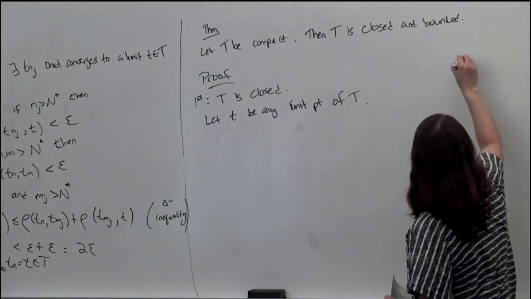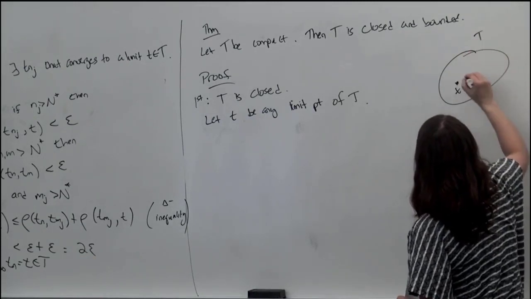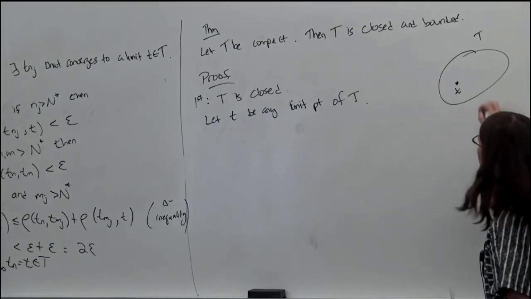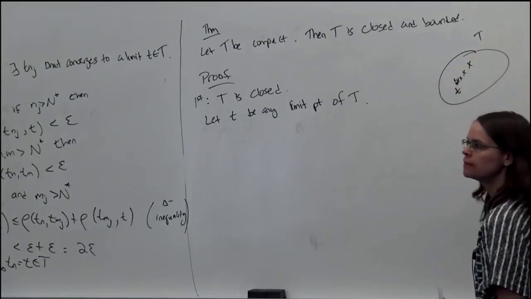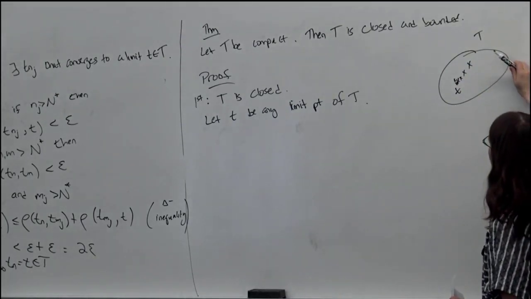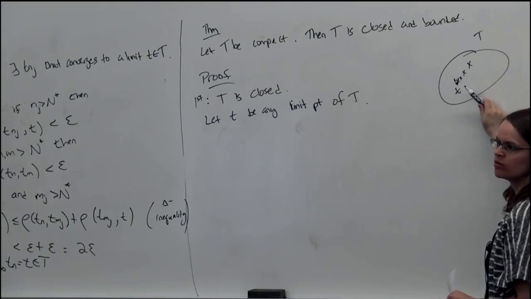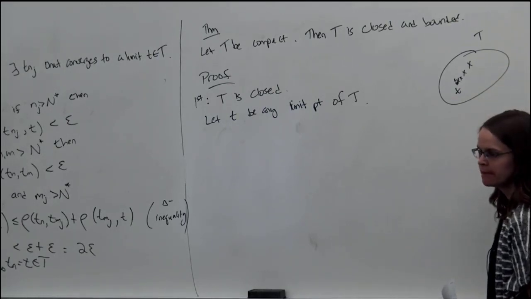Here we found the limit point. That means that things are trying to accumulate here, right? So from here, we're going to be able to build a sequence that seems to converge to T. The question is, is this actually in our set?